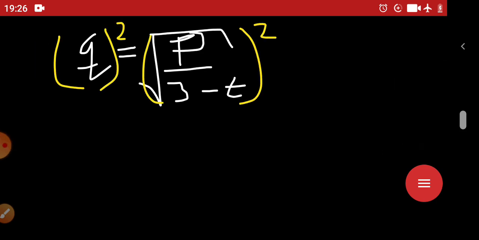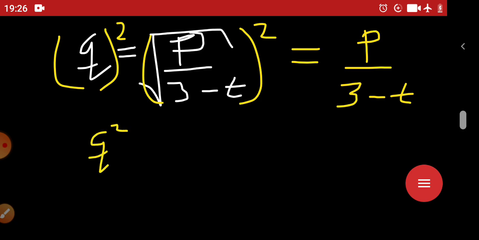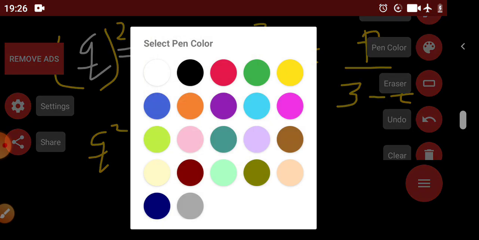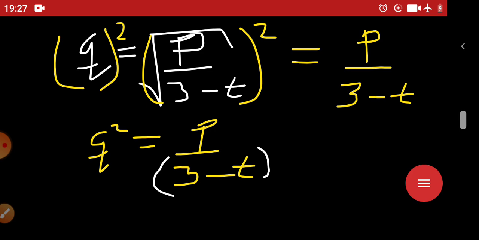So squaring means that you make the thing to the power 2. So squaring a square root removes the square root. So from the right hand side you'll have p over 3 minus t. So we'll have q squared is equal to p over 3 minus t. Because you want the t, which is now in the denominator, we need to put it in the numerator.